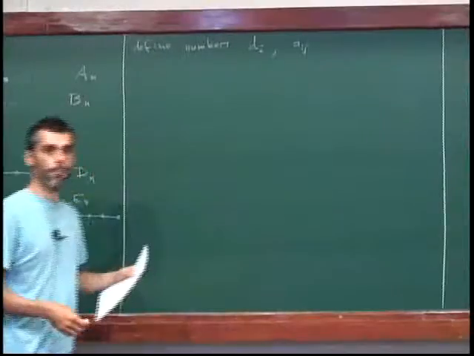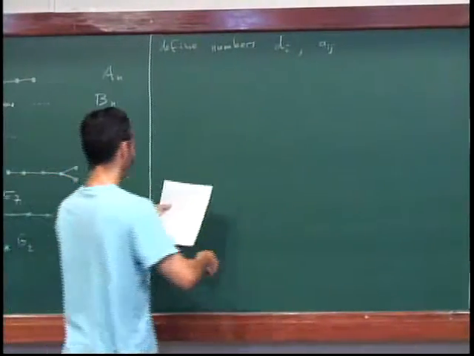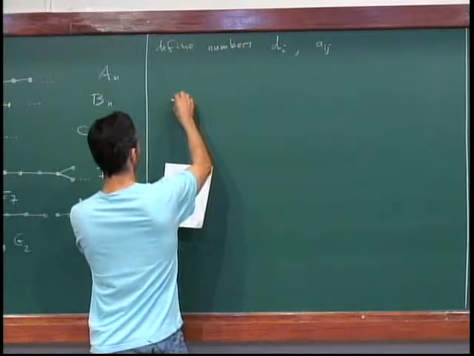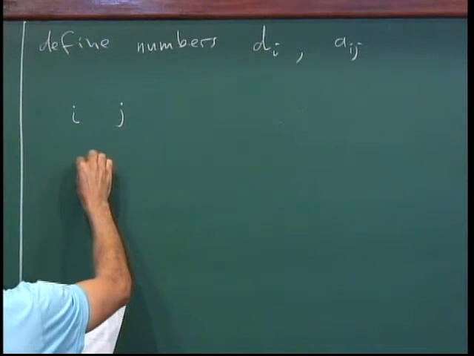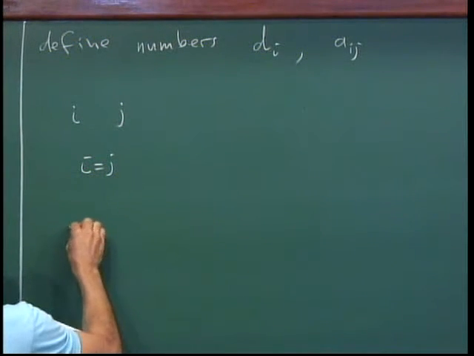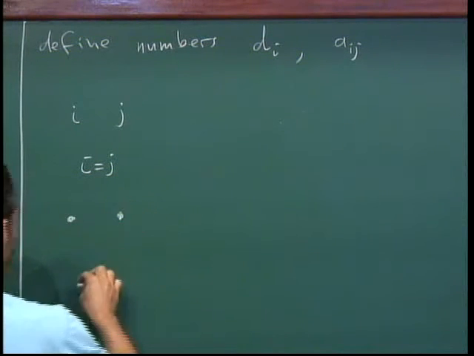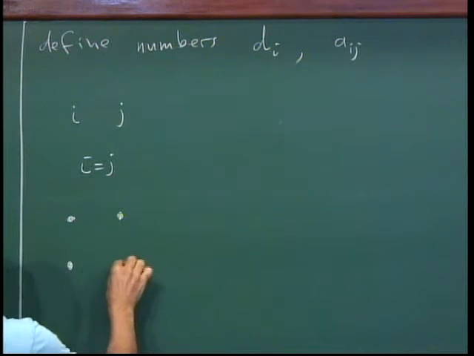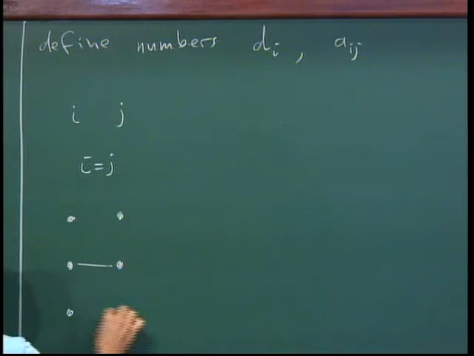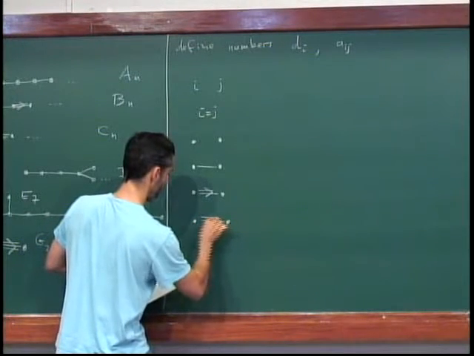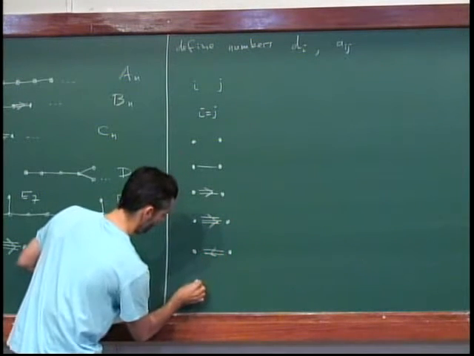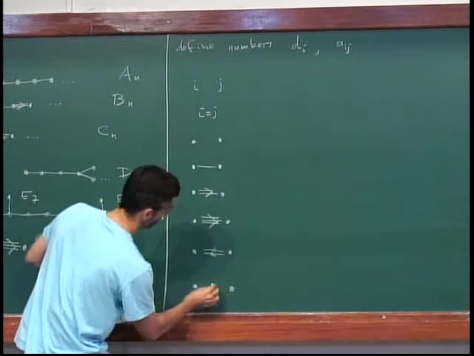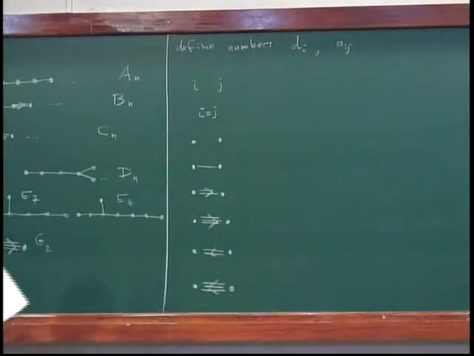First I'm going to define some numbers, and let me give you a table. i and j might be equal to each other, might not be connected by a line, might be connected by a line, might be connected by a double line, might be connected by a triple line, or a double line going in the other direction, or a triple line going in the other direction.